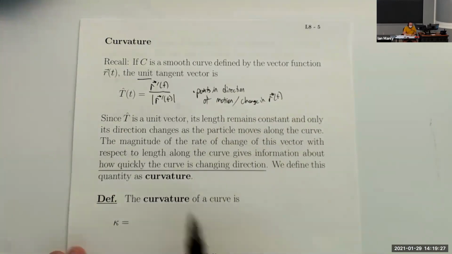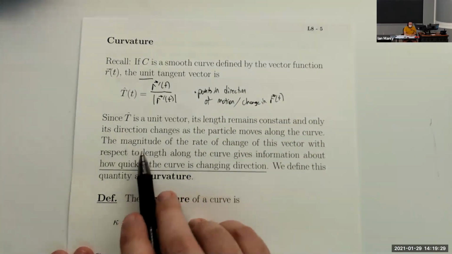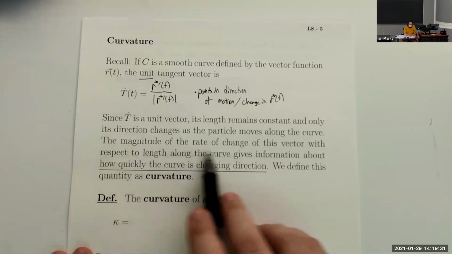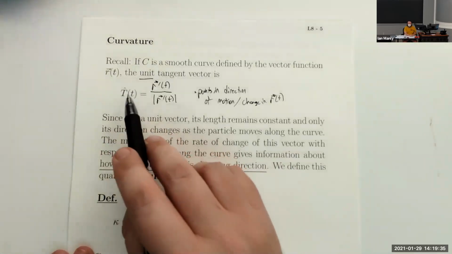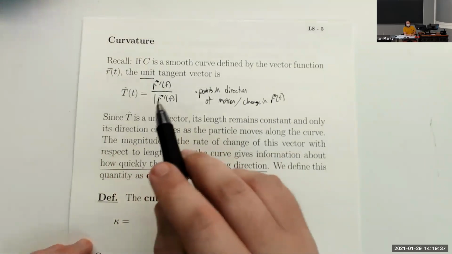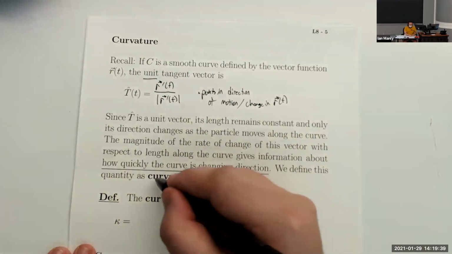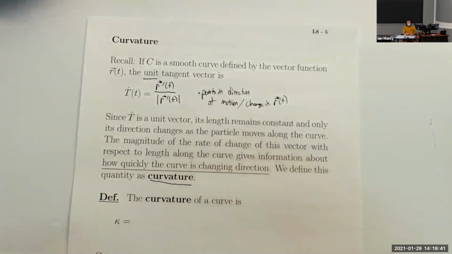So what we're going to do is we're going to try to come up with something where the magnitude of which is going to be the rate of change of this with respect to the length. So we're going to call this thing curvature. And you can almost kind of imagine that this is sort of the three-dimensional version of concavity that we had before. It tells you effectively how bendy your curve is going to be.